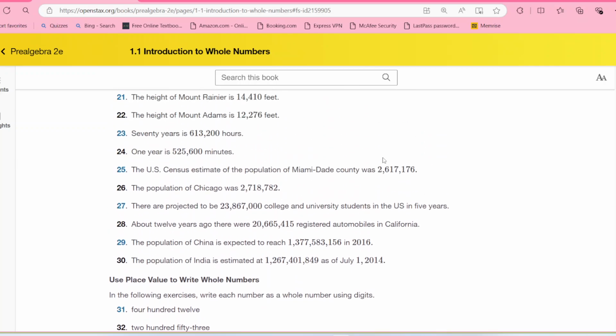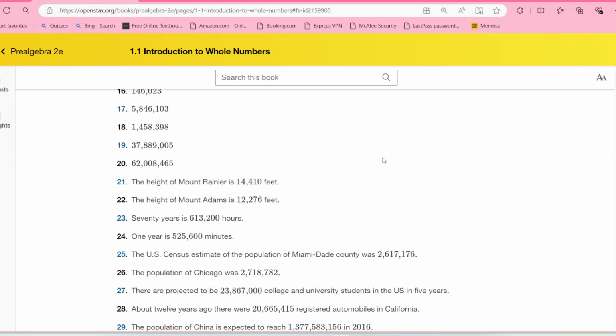Honestly, if I were testing you, if you were in a course of mine and you forgot the hyphen, I wouldn't really take any points away from you, as long as you got the correct words, right? 37 million.